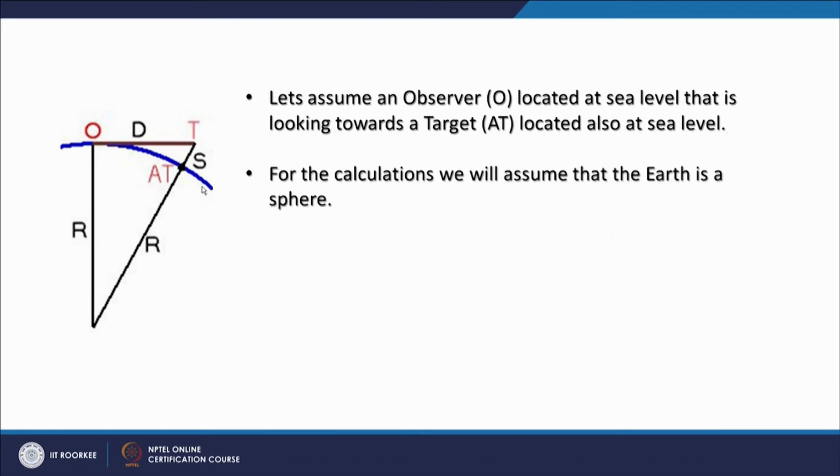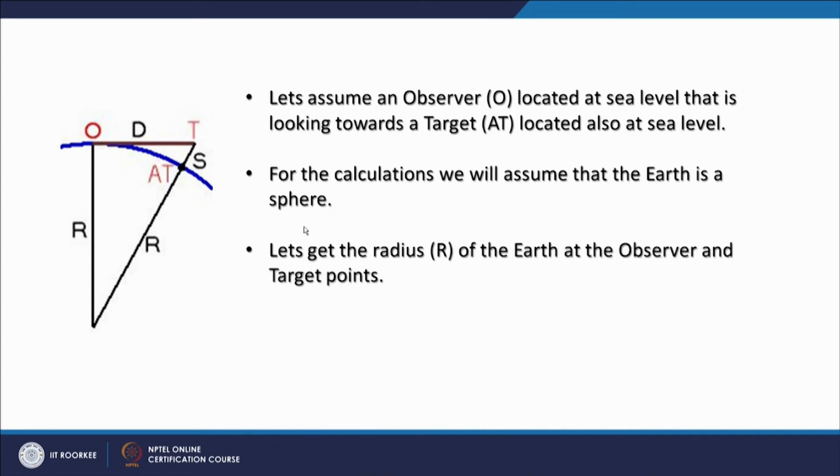Now, how earth curvature plays an important role: for the calculation we will assume the earth is a sphere, but you know that for perfect calculations a few more parameters have to be incorporated, because the earth is not a perfect spheroid. Nonetheless, here we are assuming that the earth is a perfect spheroid. Then let's take the radius R of the earth at the observer O and at the target location AT.